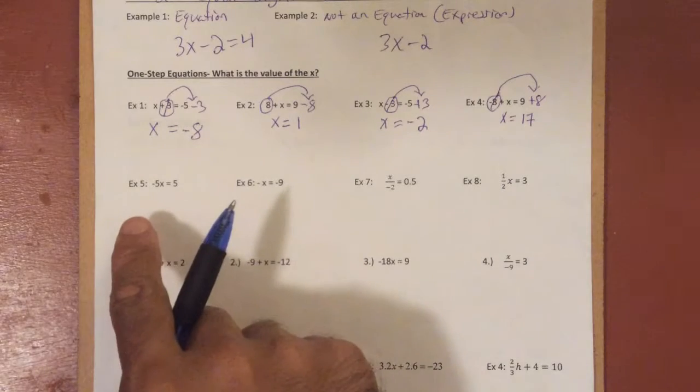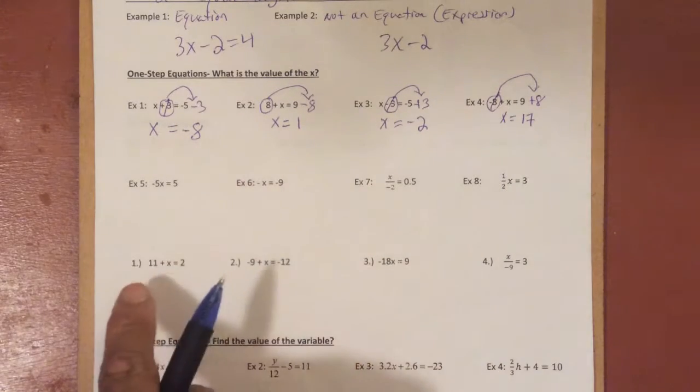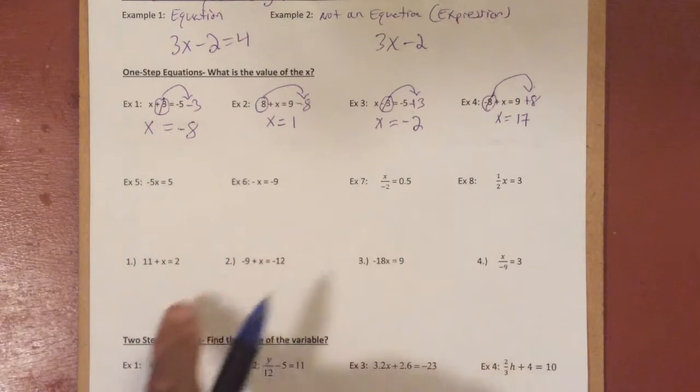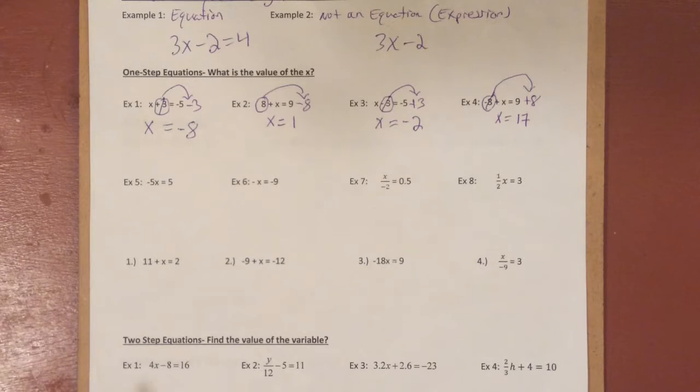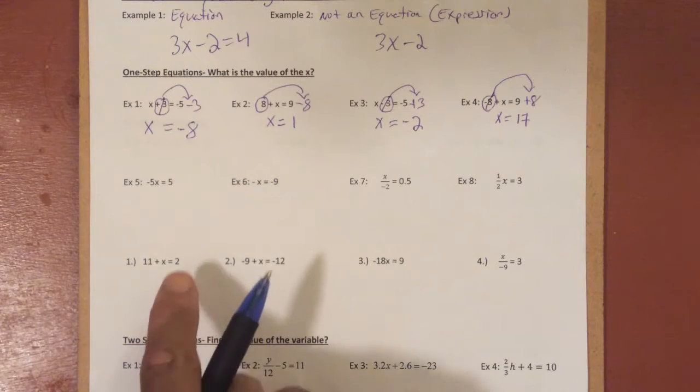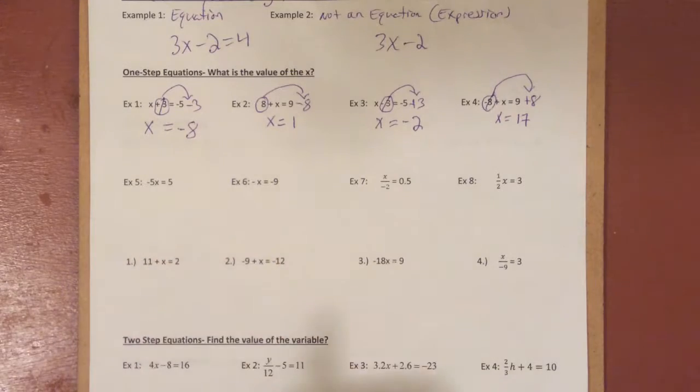If you want, go ahead and do examples 1 and 2, which are very similar to the ones we just did. If you have any questions on those two examples, please do not hesitate to ask me in class the next day. Now I'm going to quickly do the next 4 examples, which involves multiplying and dividing.